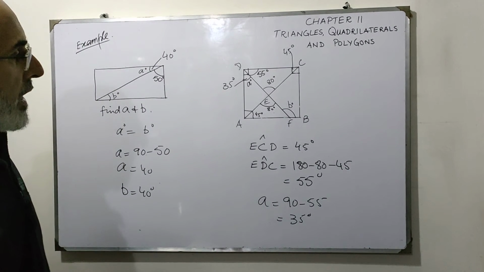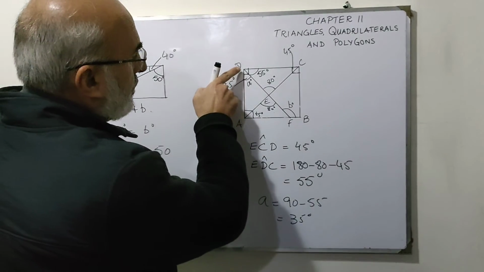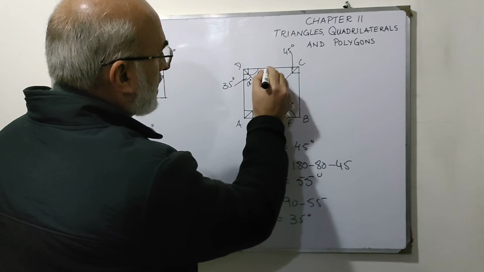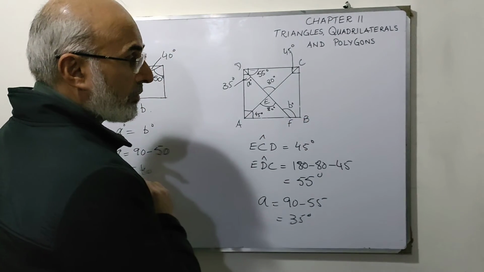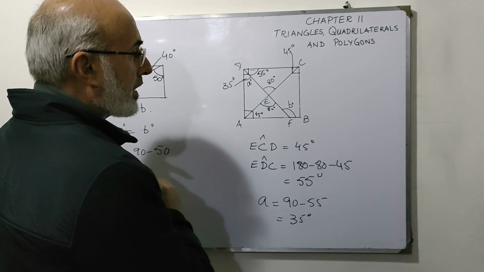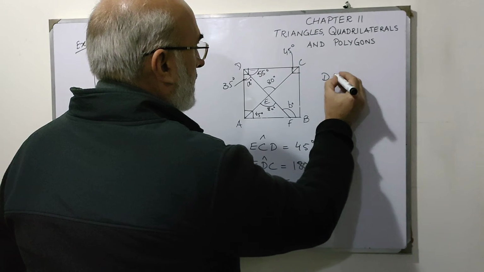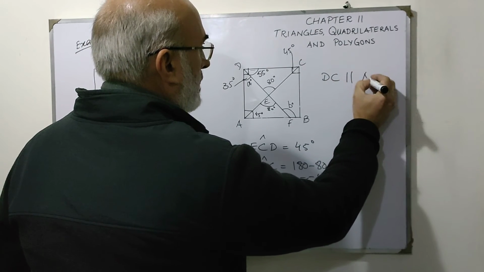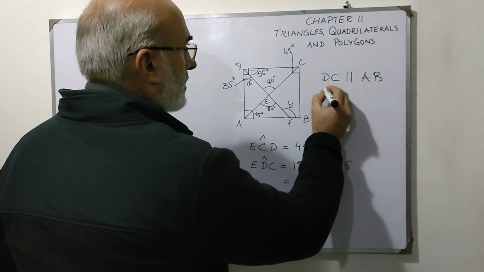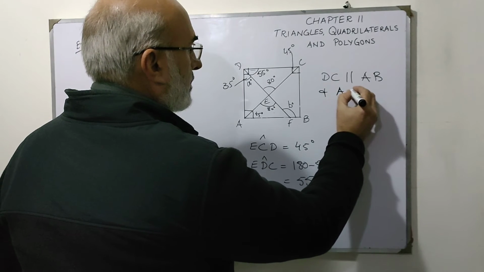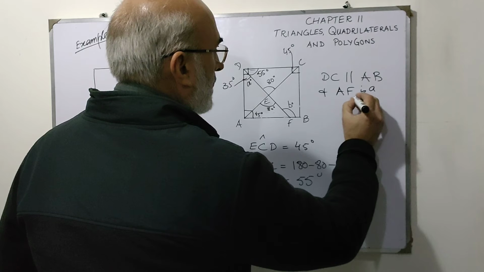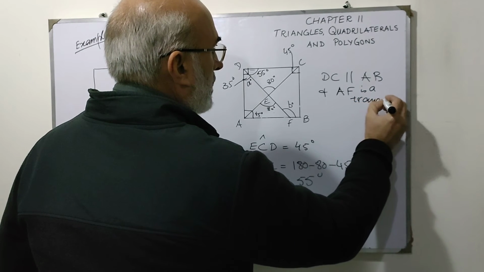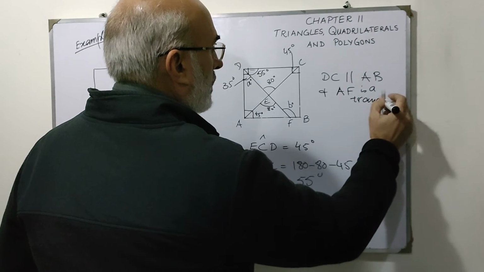Okay, and if you see this is a straight line parallel to this straight line, right? DC is parallel to AB and AF is a transversal.